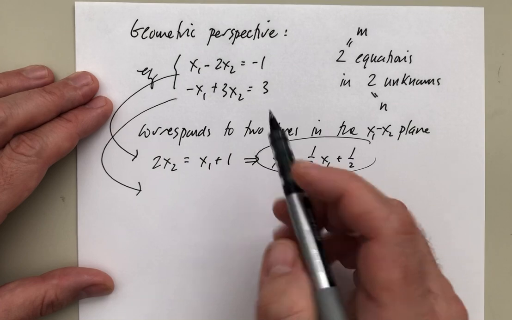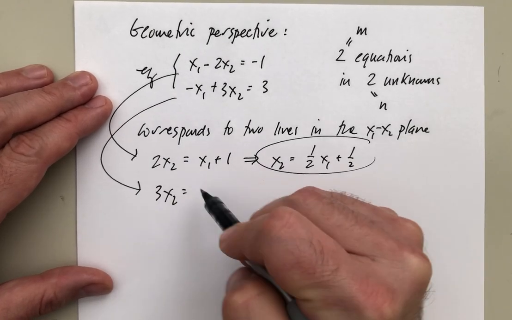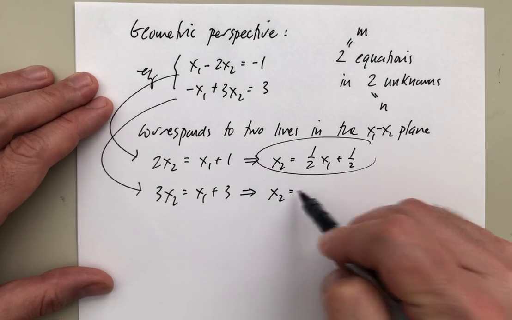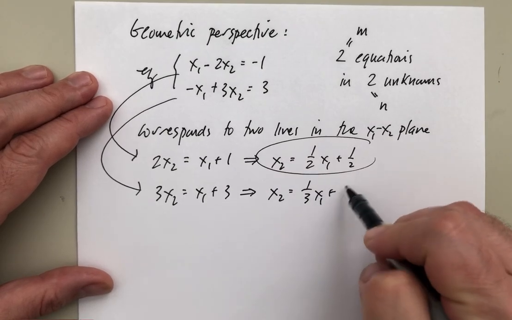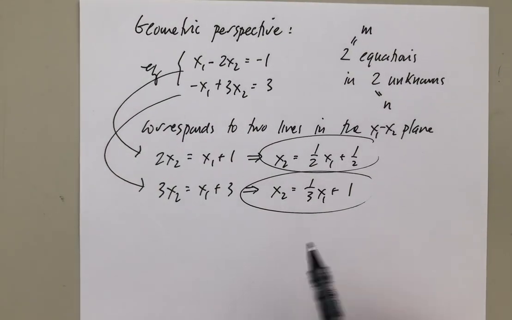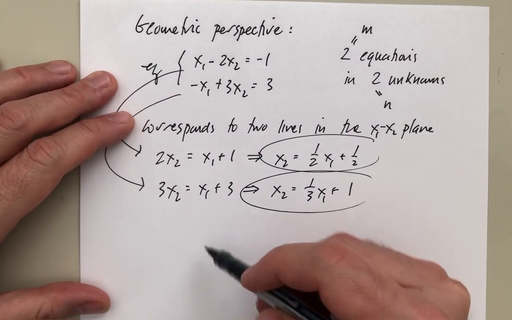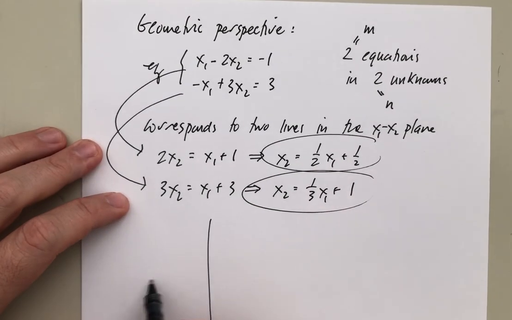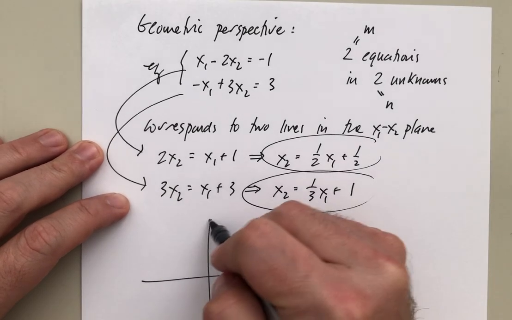The other equation is 3x2 equals x1 plus 3. In other words, x2 equals 1/3 x1 plus 1. So that's another line. Geometrically, what's happening is you've got 2 lines in the plane. Let me draw the x1, x2 plane here: here's x1, here's x2.